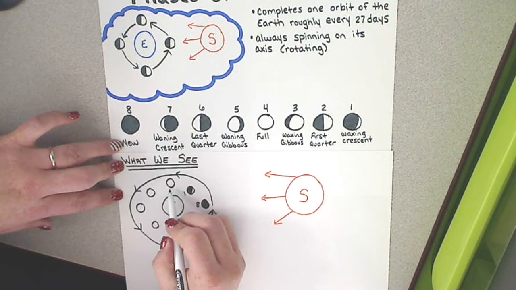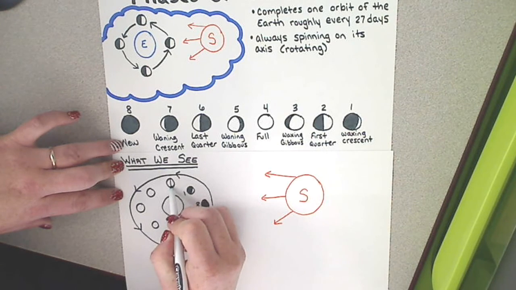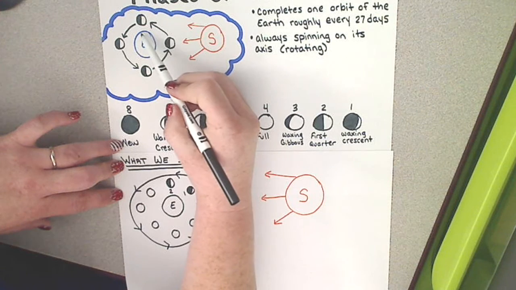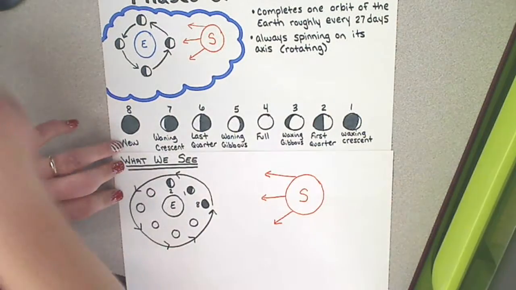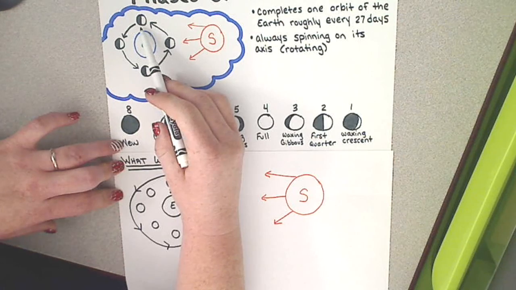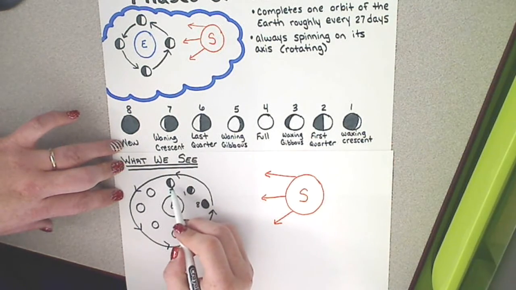And then by the time it moves into its second position, we're seeing this half. And if you think about it, if you're standing right here on the Earth and you're looking up at the moon, you're going to see half of it because light is only shining on half of the moon. So that's why we only see this first quarter.